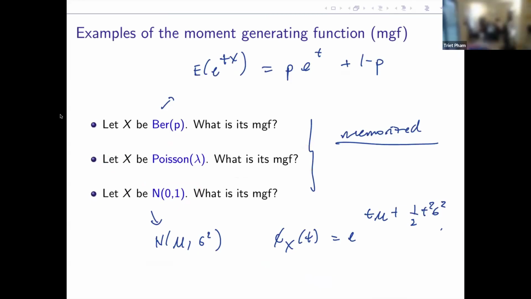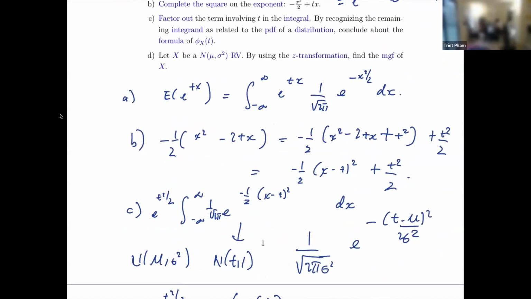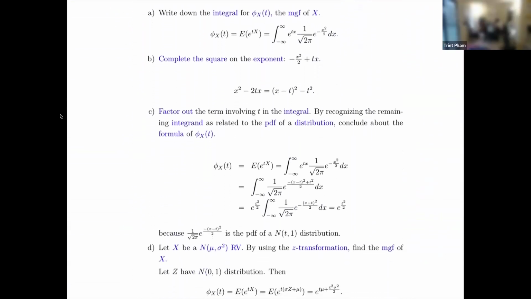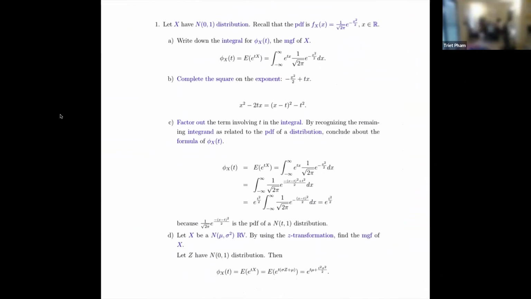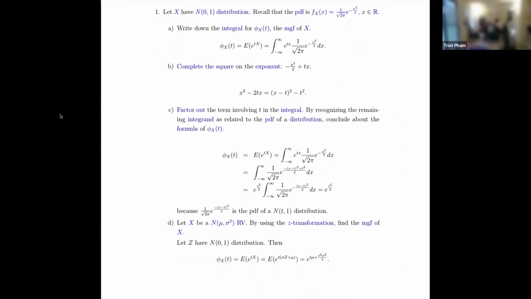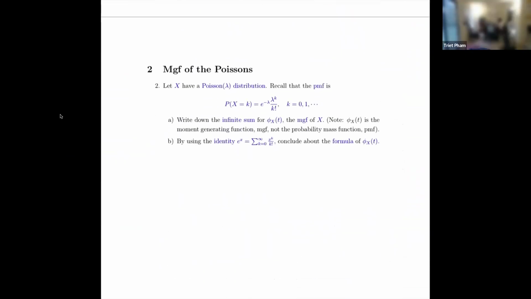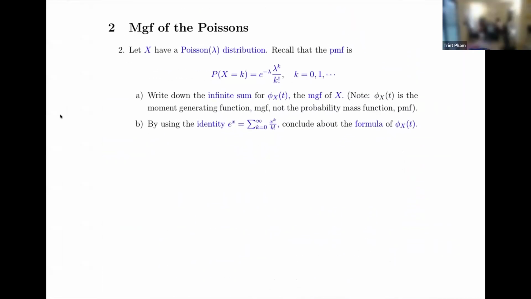Now, next one to look at is Poisson lambda. So these are all the calculations. Now, for the Poisson, it starts out with a similar step, but we will need to use a different approach.